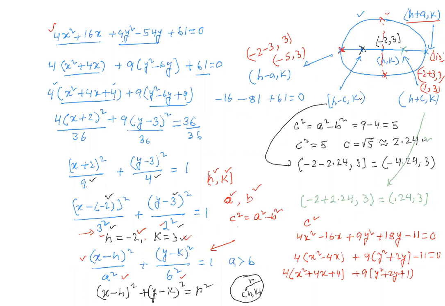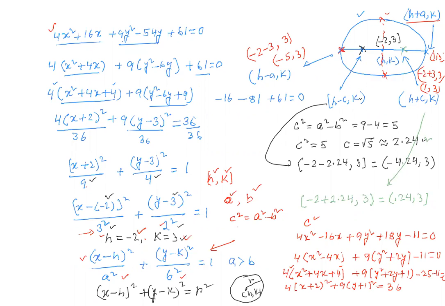That's like adding 4 times 4, 16, 9 times 1 is 9. So 16 plus 9 is 25. So I need to subtract 25 and subtract 11 is equal to 0. So this is going to give me 4 times x plus 2 whole square plus 9 times y plus 1 whole square is equal to 36.